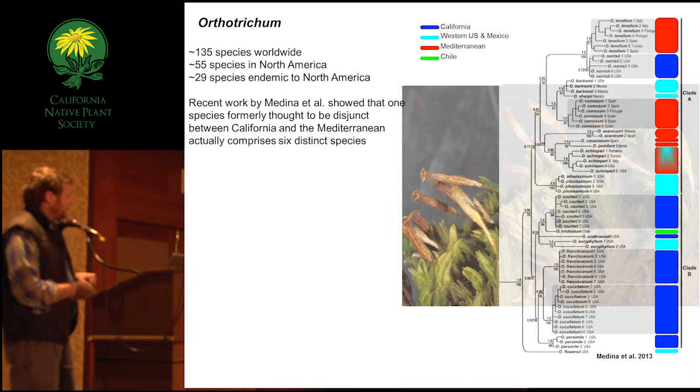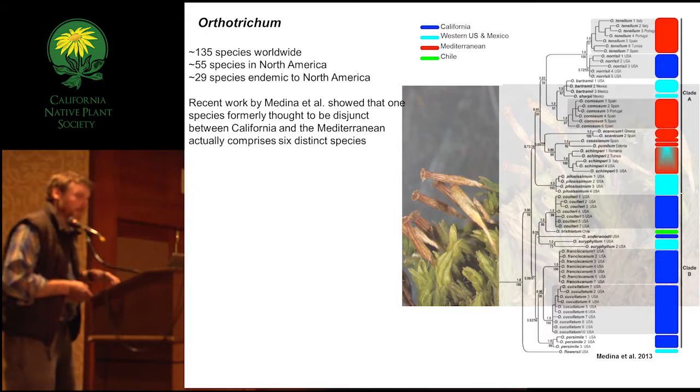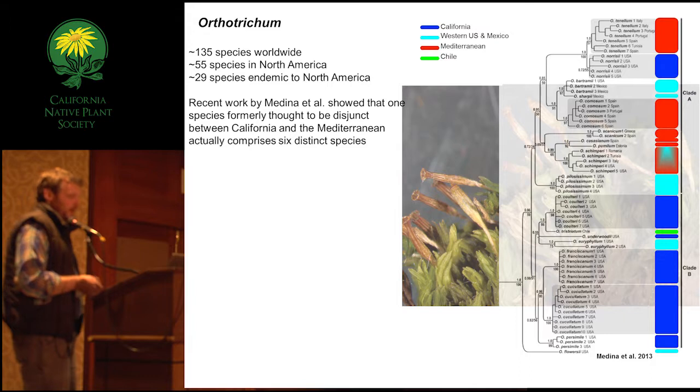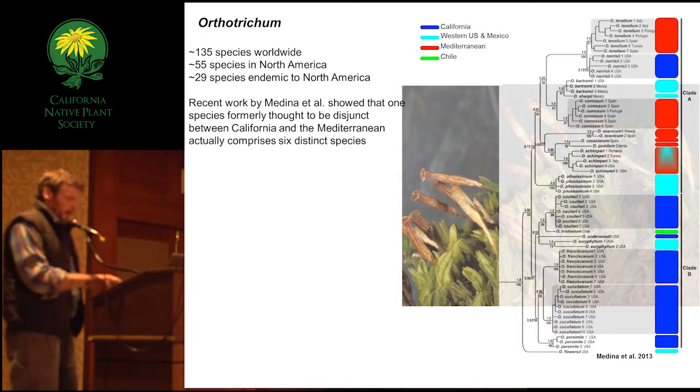And what this looks like on a phylogeny, again, don't worry about the details, but the colors represent geographic ranges. Dark blue is California, light blue is Western North America, including California, red is the Mediterranean, and then there's one Chilean species right here.